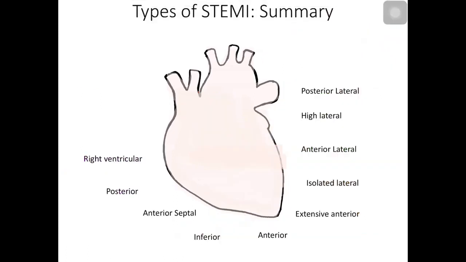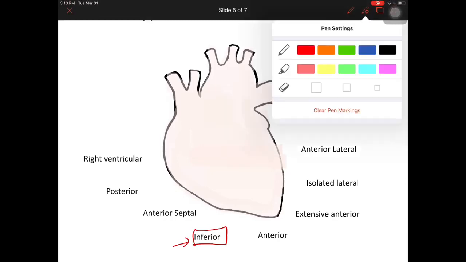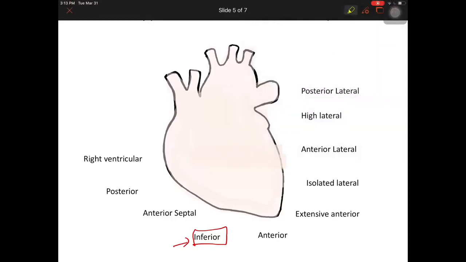Let's do a quick revision with reference to the types, which area each involves, and which leads will show it. So this is inferior MI. This involves the inferior wall of the left ventricle. This is the zone which is involved.